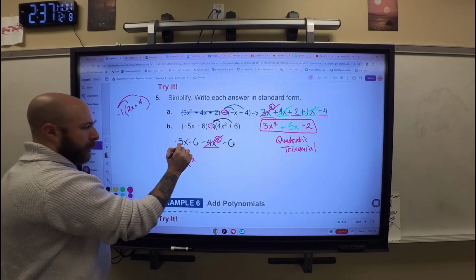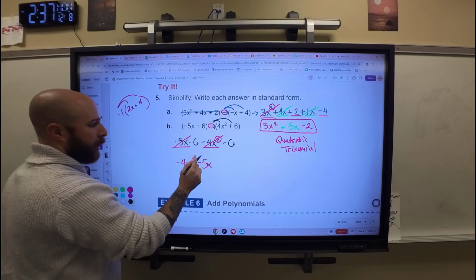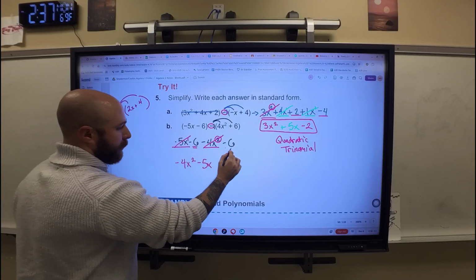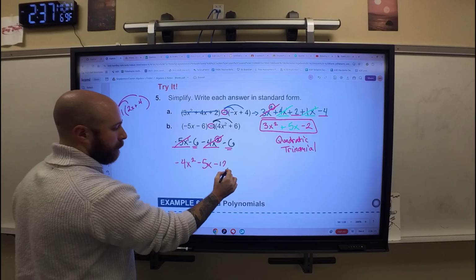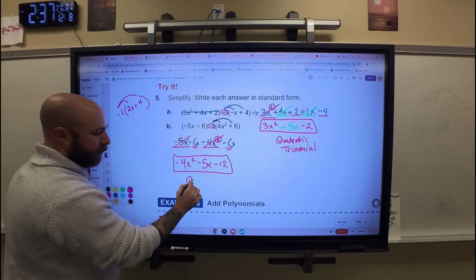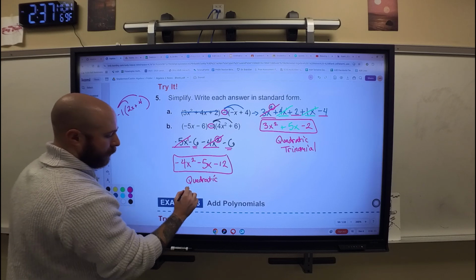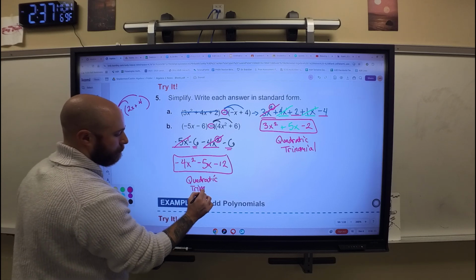Then we have our x term, negative 5x. Then we have our constants, negative 6 minus 6 becomes negative 12. Highest exponent of 2 is quadratic. 3 terms, trinomial.